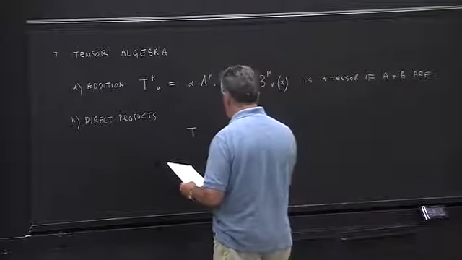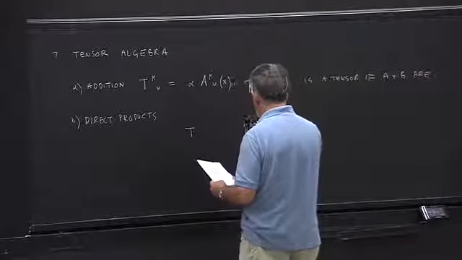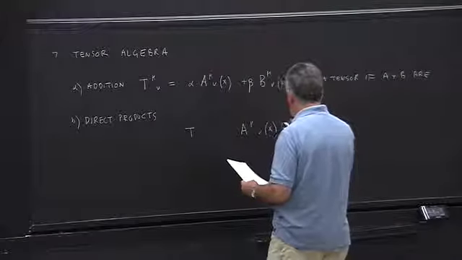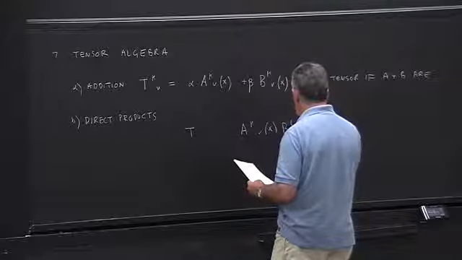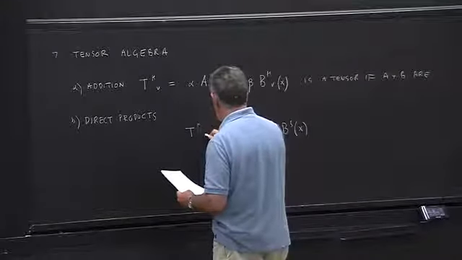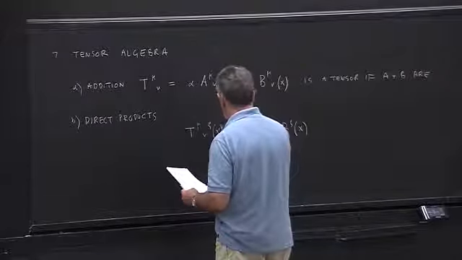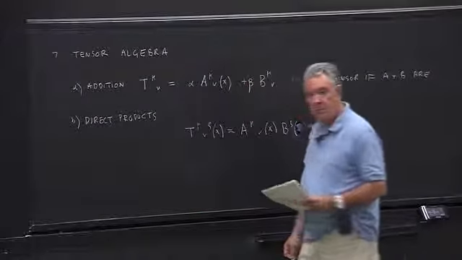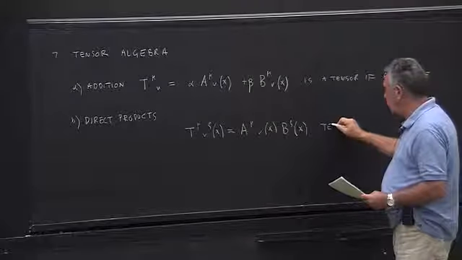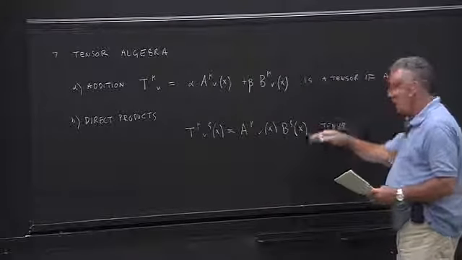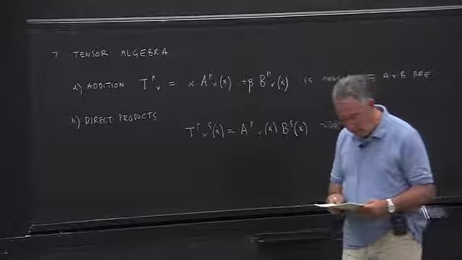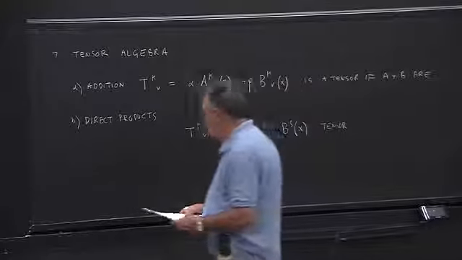But if we have a tensor A mu nu of x and a tensor B rho of x, let's say, then we get some quantity with indices T mu nu rho. And that's a tensor as well, if A and B are tensors. So you can multiply tensors together as a direct product and get a third tensor.